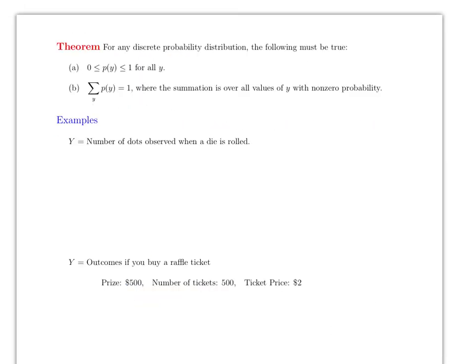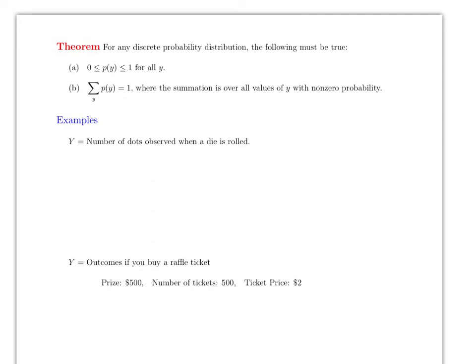Okay? All right, so let's look at the following theorem, which emphasizes what I just told you in the last example. For any discrete probability distribution, the following must be true. All the probabilities obviously have to be between 0 and 1. And when you sum all of them, it has to give you 1. Okay, so it should be obvious.